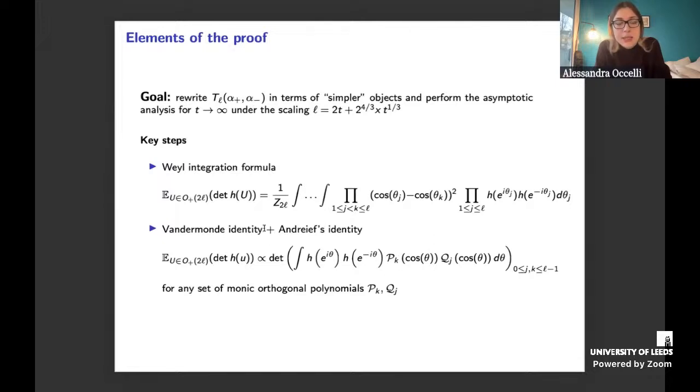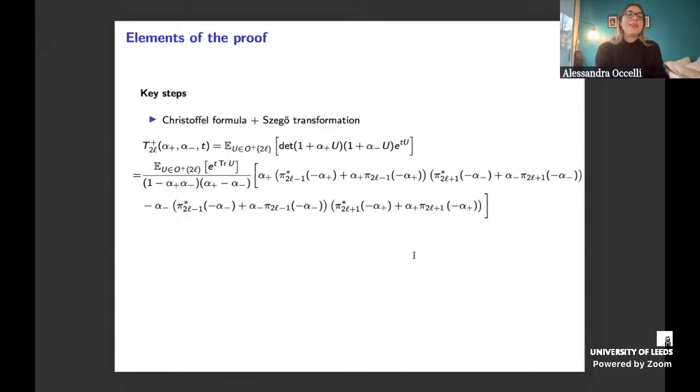This is an explicit identity, and then by Andréief identities, we can express this multi-integral as a determinant of a matrix where each entry is a single integral of h evaluated on e to the i theta, h of e to the minus i theta, times a product of orthogonal polynomials of different degrees. And now this is the expression of TL, the case that we wanted to study.